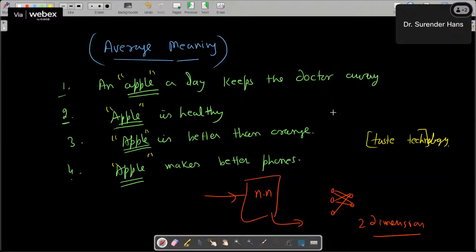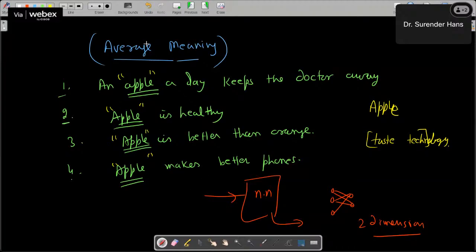I know it is not logical for the other words in the sentence, but for apple it is logical. It is not related to the doctor or to the phone, but it is logical just to understand the word apple first.